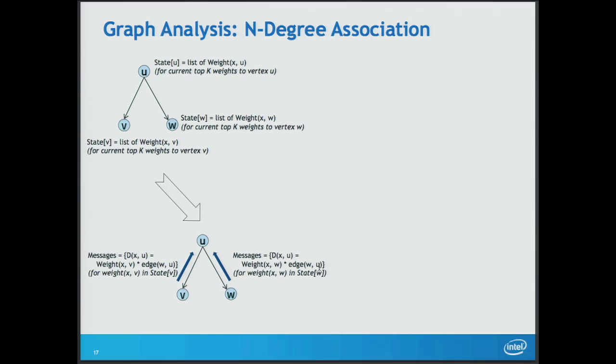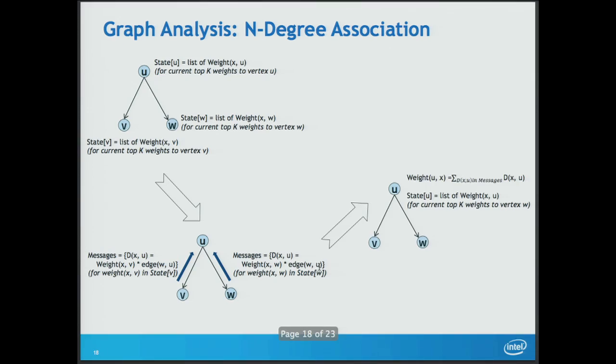So every node does that for its neighbors. And when the node receives all those messages from its neighbors, it aggregates across all the messages and then computes the new weight, and again keeps it at top k. As I mentioned, we want to control the density of the graph. In the initial iteration, everyone maintains the weight to itself.